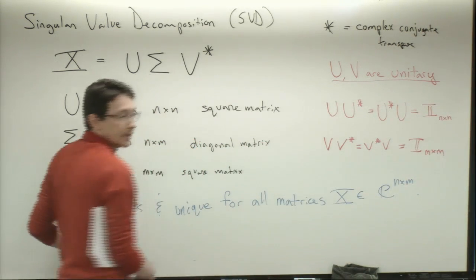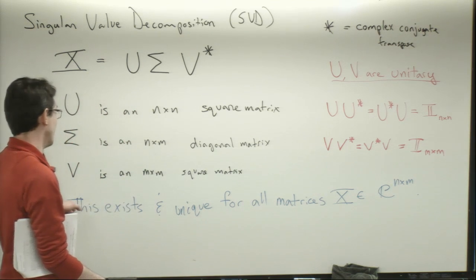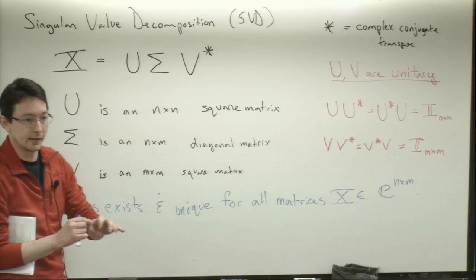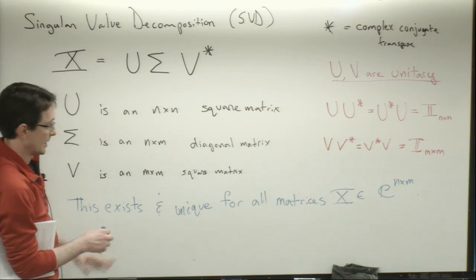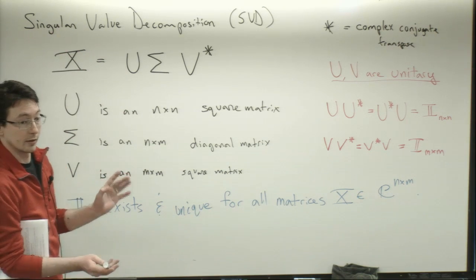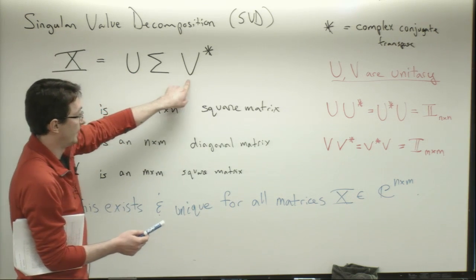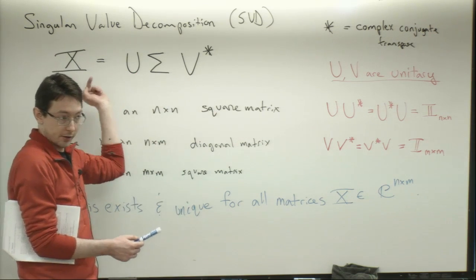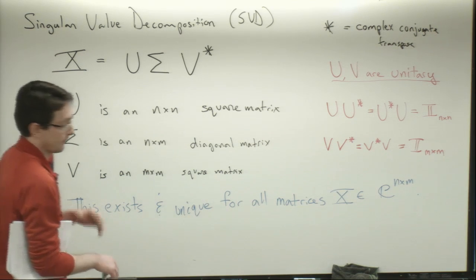And I'm not going to prove this. If you want to prove it, you can. It's in books. You can Google it. It's really easy to find a very, very simple proof for why this is true. But this definitely exists, and it is unique for every possible matrix. So any matrix you can name, X, I can give you a U, a sigma, and a V, such that this product equals your matrix, and we have these properties. Okay?